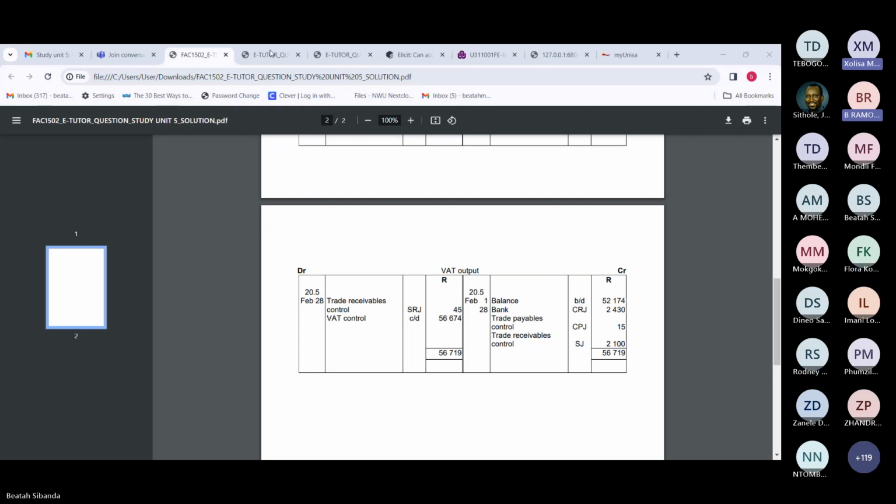Why is it 15? What says output VAT? It's output, on the cash payments journal as an output VAT. It's the output VAT on the cash sales made on the cash receipt. Okay. No, it's not that. It's got nothing to do with cash receipts, guys.